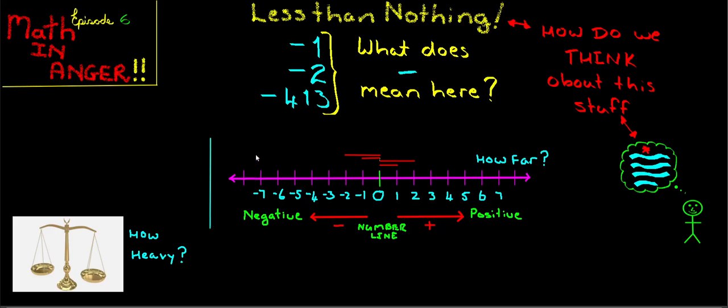And then you go and measure this. And now it becomes very clear. -2 is less than -1, which is less than 1, which is less than 2.